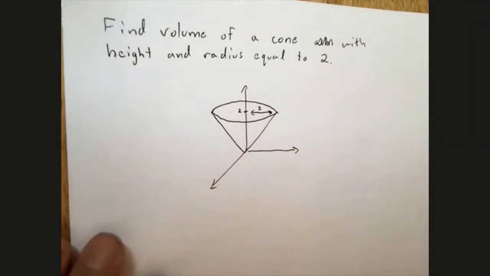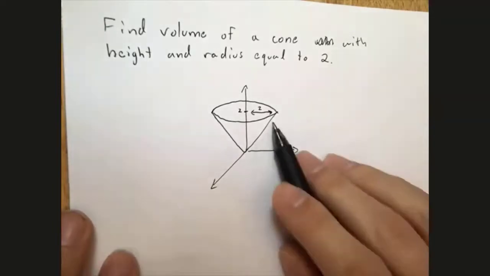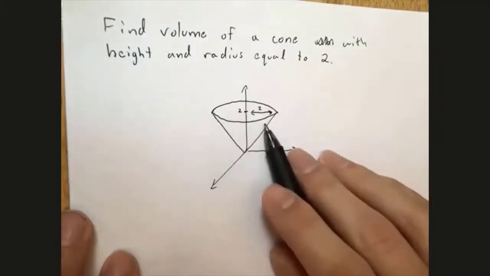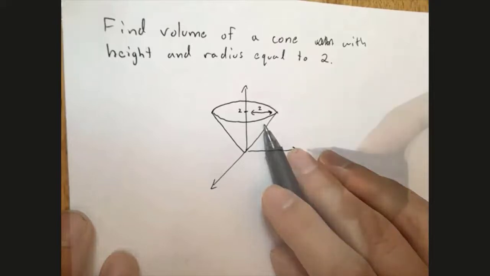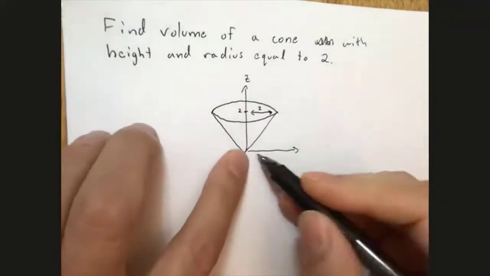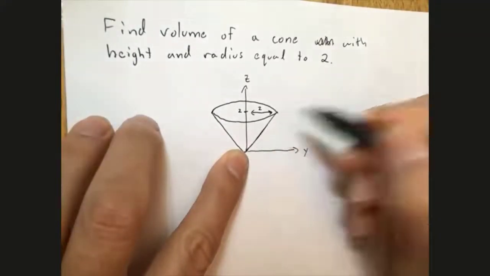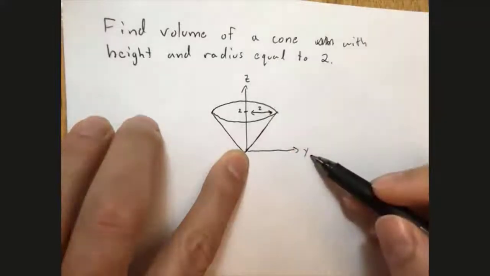So how do we get that volume? Well, what I'd like to do is find out what this region is in terms of cylindrical coordinates. Well, this is the z-axis. And if I just restrict myself to the yz plane, I'm just getting a diagonal line, right? And in fact, that's the equation z equals y.